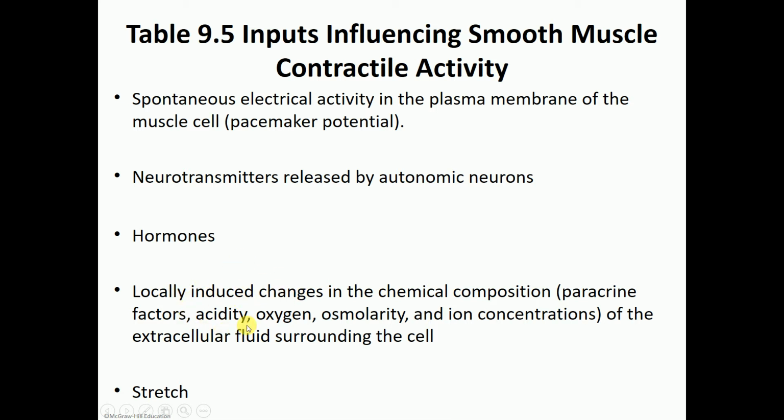So for example, changes in pH, changes in oxygen levels, changes in the osmolarity or ion concentrations in the extracellular fluid can lead to the contraction of these muscle fibers. Stretch is another topic here, where if you stretch, for example, the urinary bladder due to the accumulation of urine, that would lead to the contraction of the smooth muscles in the urinary bladder and leads to us feeling the urge to empty our bladders.